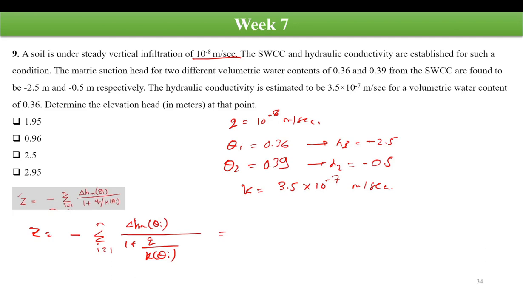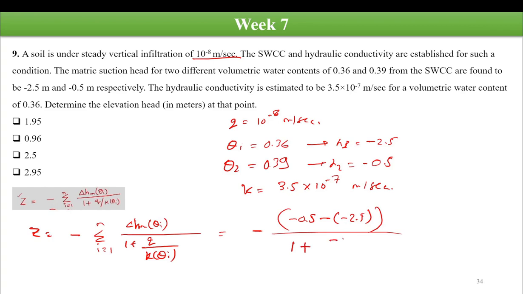So how can we solve it? We'll write the change in the Hm values, that is going to be H2 minus H1, so minus 0.5 minus minus 2.5, divided by 1 plus infiltration.